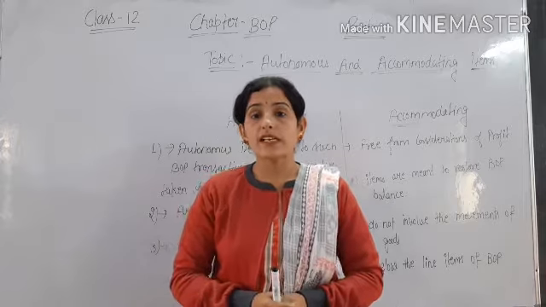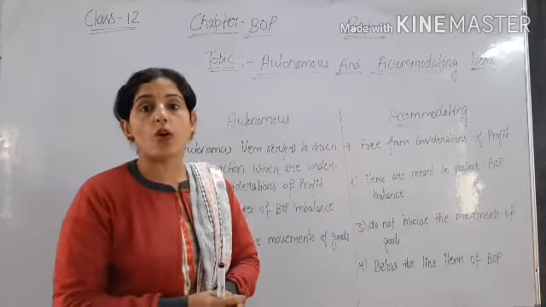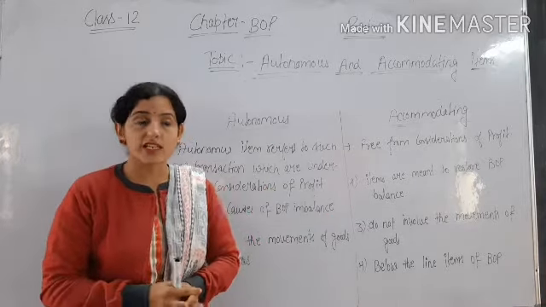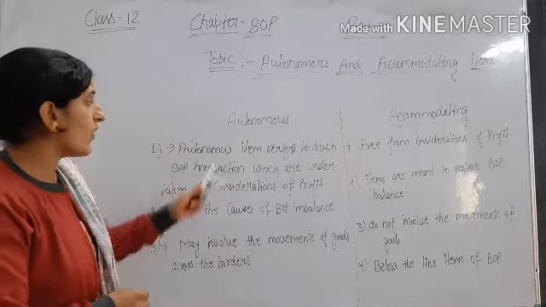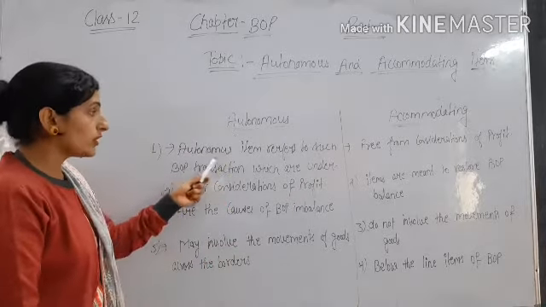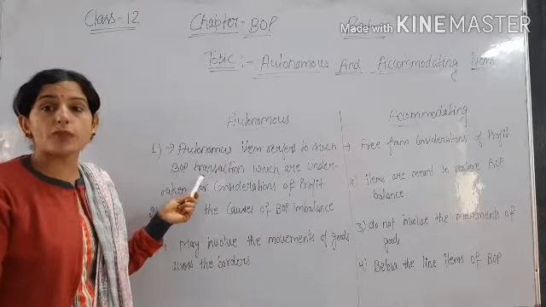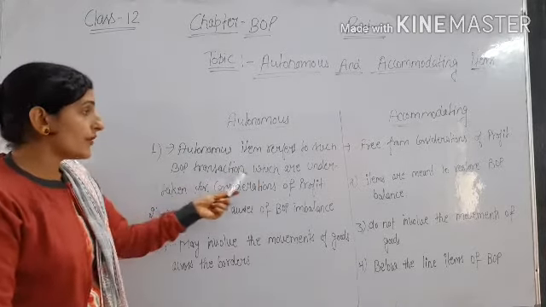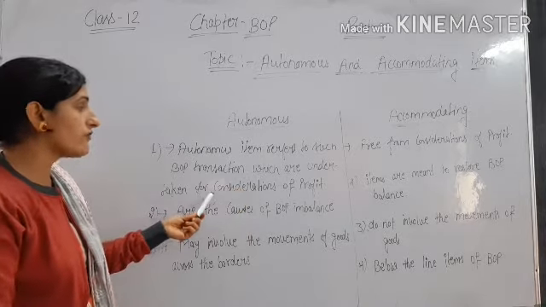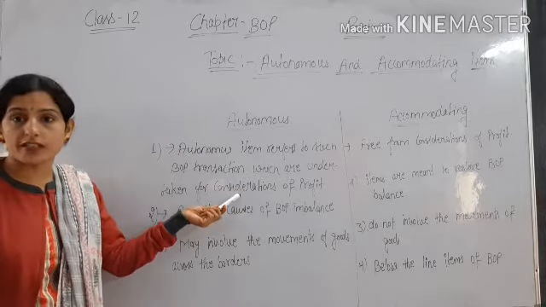Okay. So we will discuss the difference between autonomous and accommodating items. Firstly, what is autonomous? Autonomous items refer to such BOP, balance of payment, transactions which are undertaken for consideration of profit.